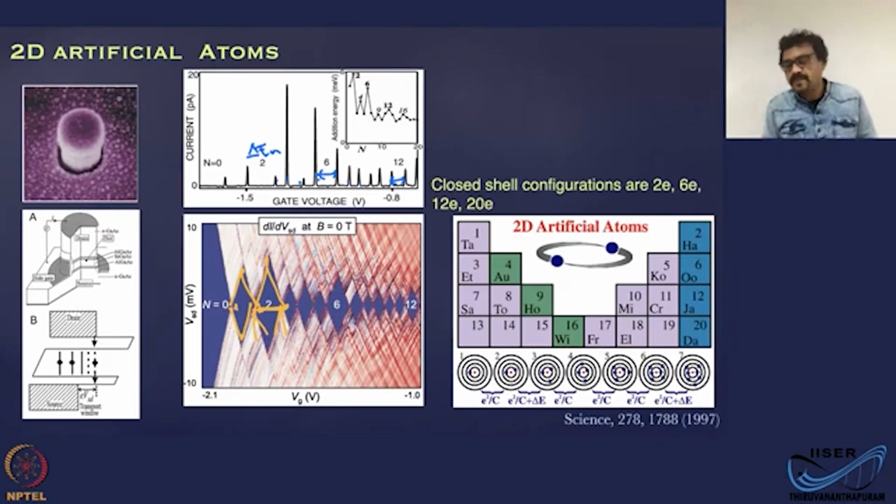Okay. This is what you are seeing from here also. This is nothing but just a line cut or a cross section of this plot along the gate voltage axis. Okay, and here they have a calculated addition energy, that is after the 2nd, then 6th, 12th, you can see that the addition energy for all those is more. Okay.